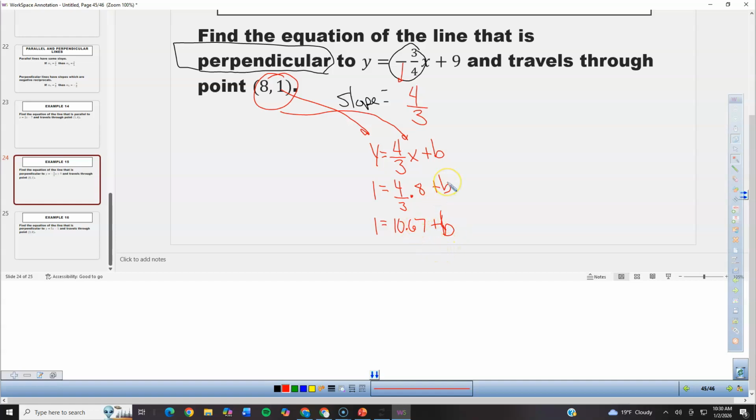I would usually keep this as a fraction, but because we're using Moodle a lot, I'm going to actually keep this as a decimal.